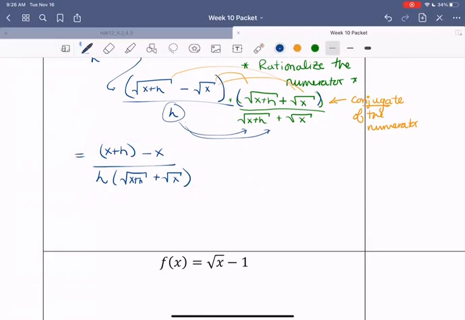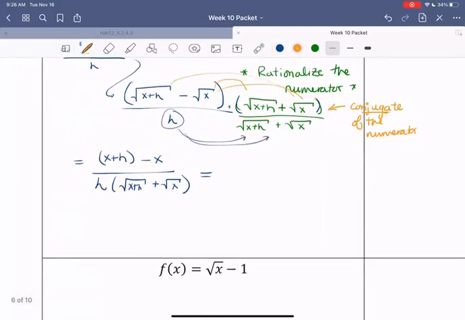All right, so now we can continue to simplify and clean this up. So in the numerator, I see that I have an x plus h minus x. So what can simplify in the numerator? Awesome, this minus x subtracts that x. So these two terms cancel. So now I'm just left with h over h times root x plus h plus root x.